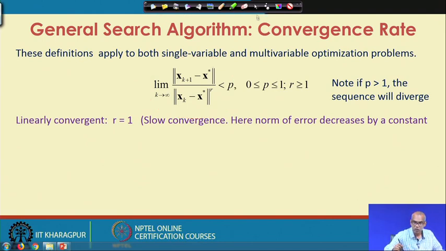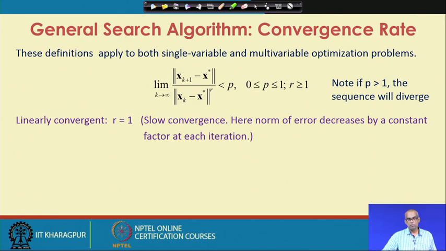we will say that the algorithm is linearly convergent if r is equal to 1. Look at the expression. In this expression, if r is equal to 1, we call the numerical search algorithm linearly convergent. Generally, slow convergence is achieved.